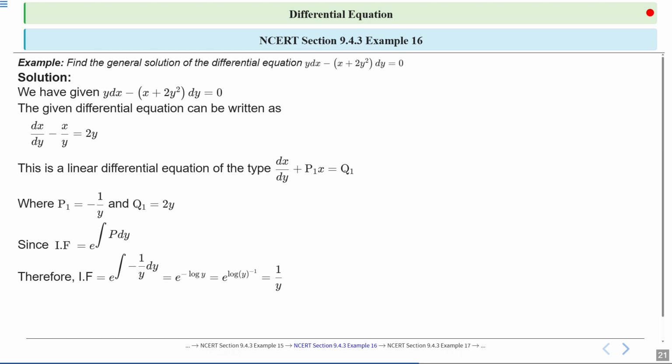When we integrate minus 1 by y dy, we get minus log y. When we apply the property of logarithms, we can write it as e to the power log y to the power minus 1. As we know, e to the power log f(x) is f(x), and as the value of f(x) here is 1 by y, we get the integrating factor as 1 by y.